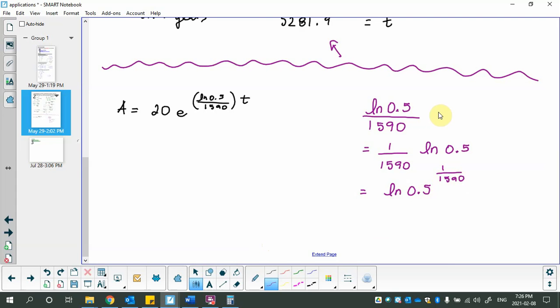And remember, there's a t sitting there, and there's a t sitting there, and there's a t sitting there. So let me put that here. Only I'm going to write it like that.